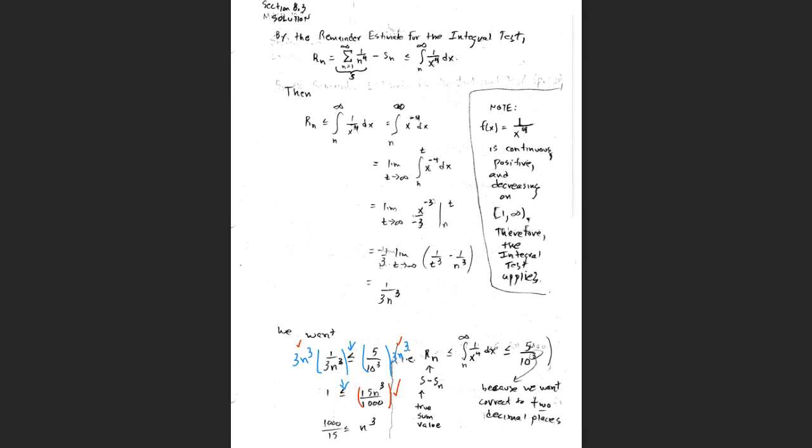And then you can multiply this inequality by 1,000 over 15. And so you're going to get n cubed is greater than or equal to 1,000 over 15. Okay, are there any questions before I go to the next page?